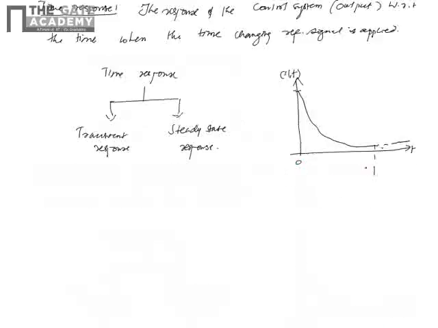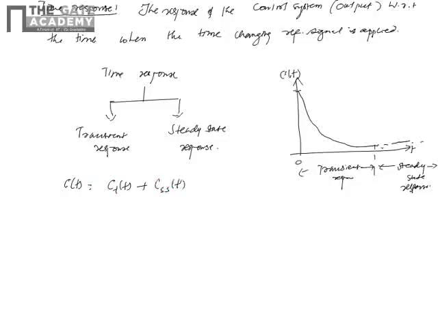This part we can take as the transient response, and from here onward it is the steady state response. So C of t is equal to Ct of t plus Css of t. This is called natural or transient, and this is called steady state.